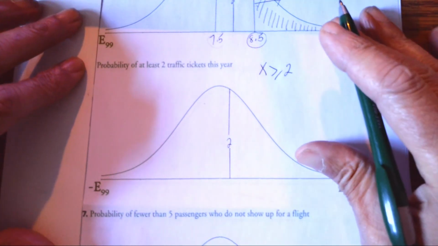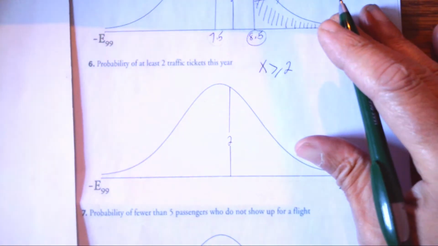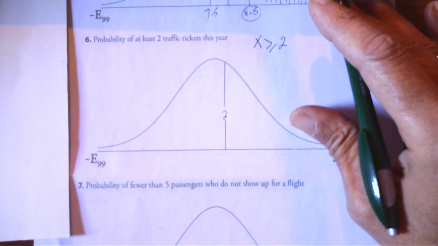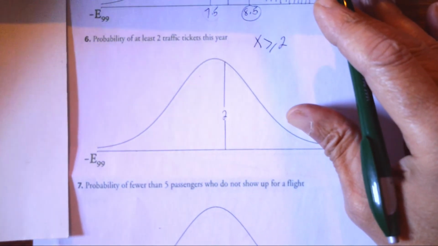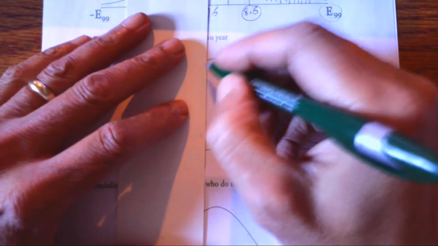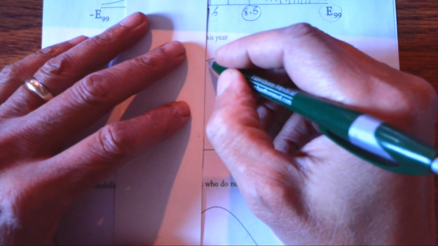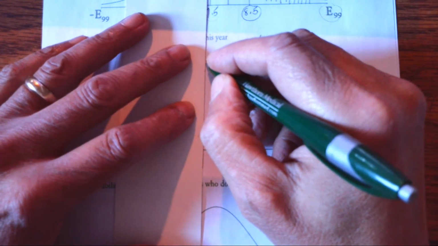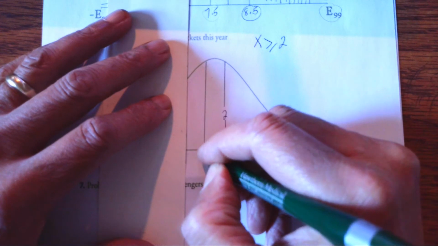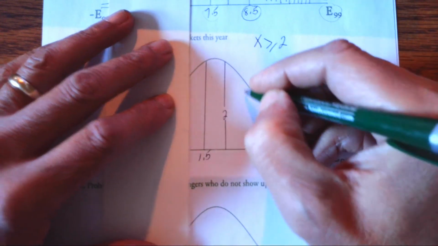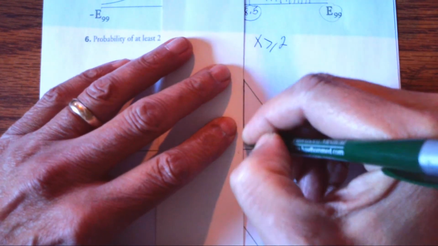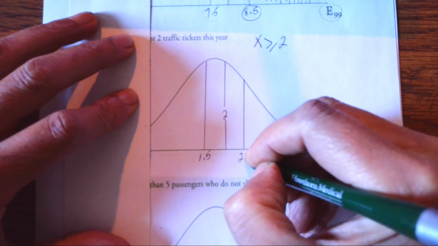If you're using a whole number for your lower bound or your upper bound, you are doing it incorrectly. It's got to contain some sort of a decimal ending in 5/10. Subtracting 5/10 from 2 gives me 1.5, and adding 5/10 to 2 gives me 2.5.